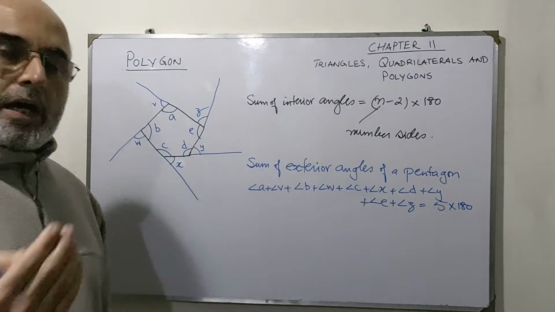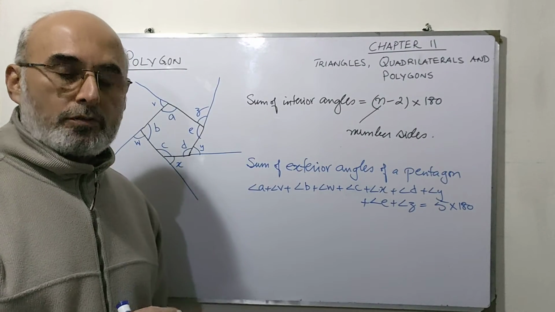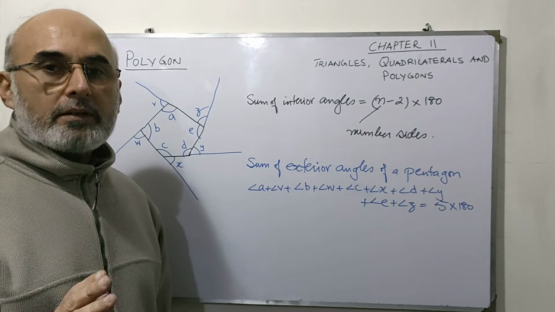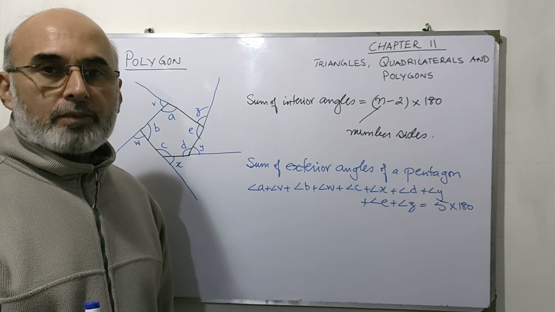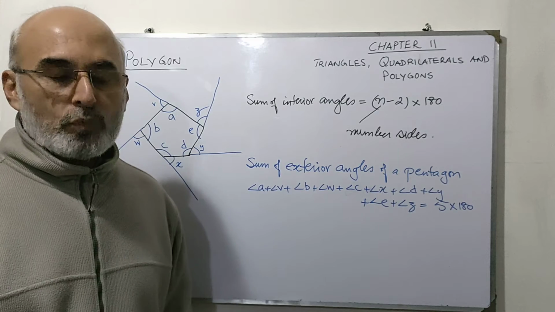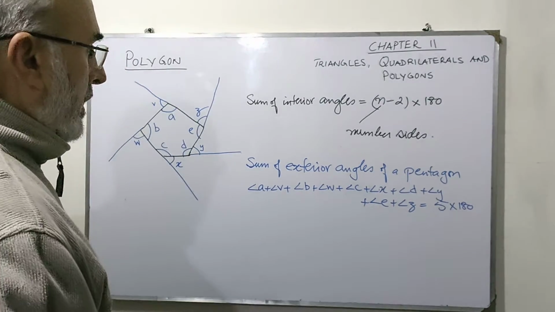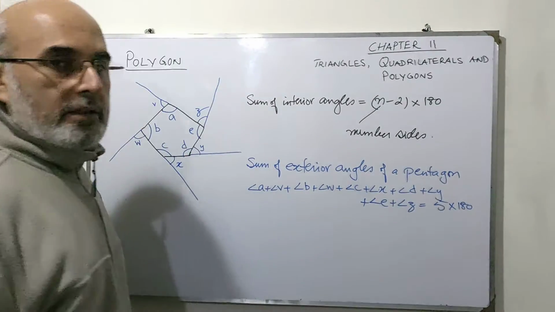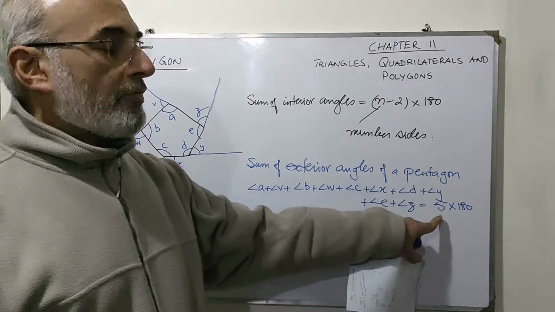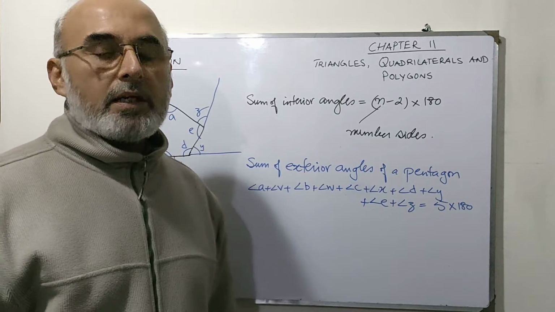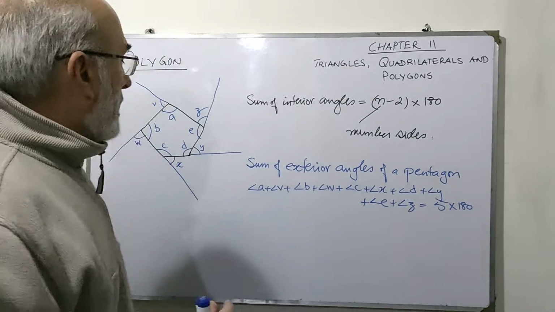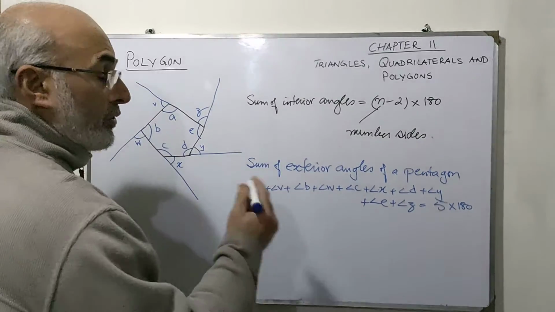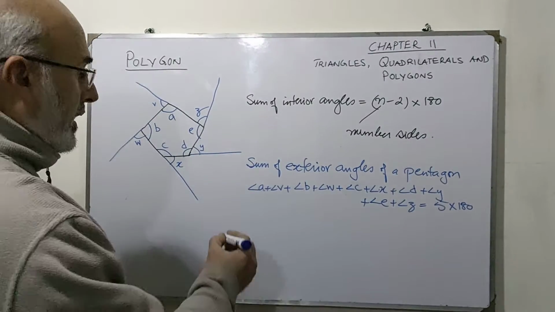Why 180? As I have told you in the case of a triangle, we have 5 sides, and on a straight line the adjacent angles equal 180 degrees. So these are all pairs of adjacent angles, and we have 5 sides, 5 into 180, and the sum of adjacent angles is also equal to 180. So I am going to separate now interior and exterior angles.